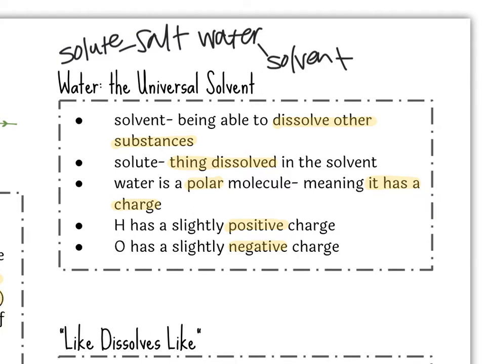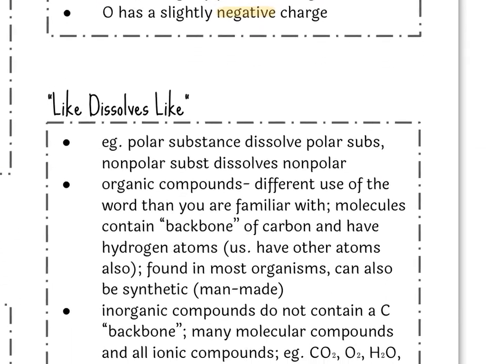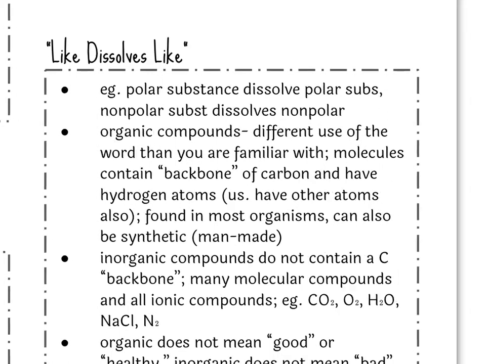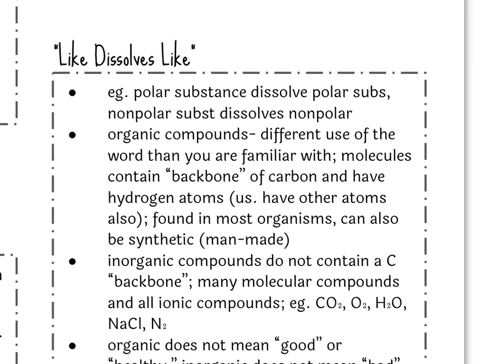Now that we've gone over that water is the universal solvent and that water is also a polar molecule, we'll talk about some other examples of things dissolving things. So in chemistry, there's a saying that like dissolves like, meaning things that are similar will dissolve in each other.